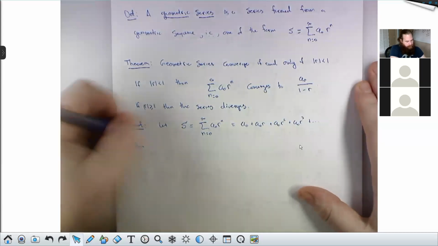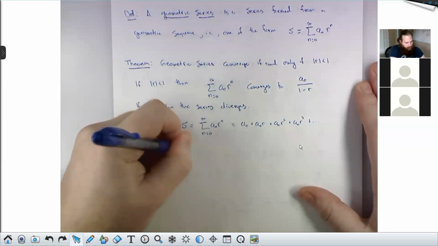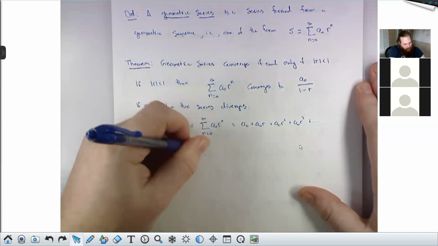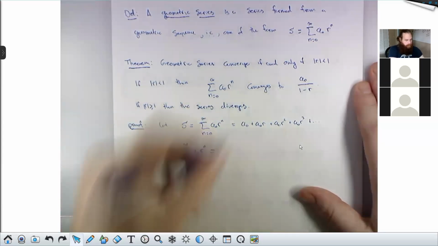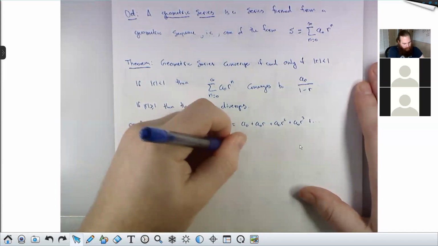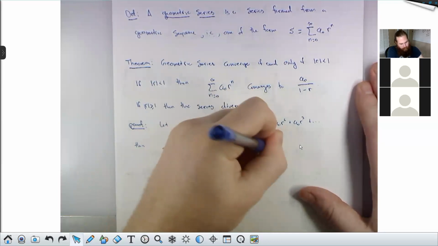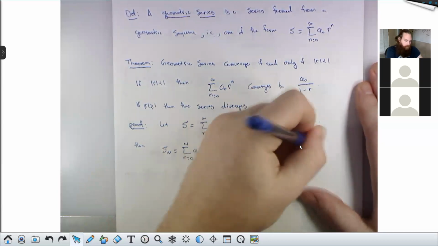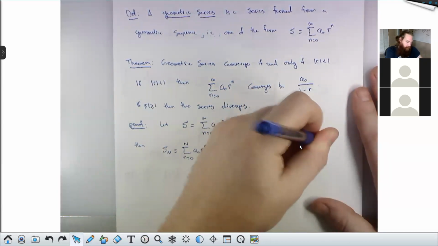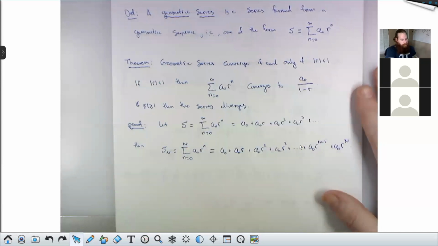Then Sn is the sum from 0 to capital N of A naught R to the little n. And this is A naught plus A naught R plus A naught R squared plus A naught R cubed. But this one does not go on forever. His second to last term looks like this, and his last term looks like that.